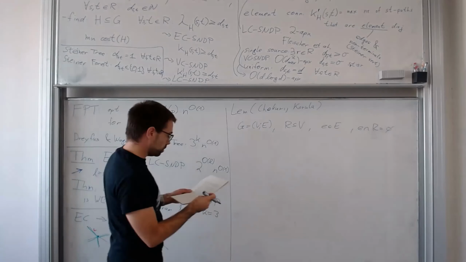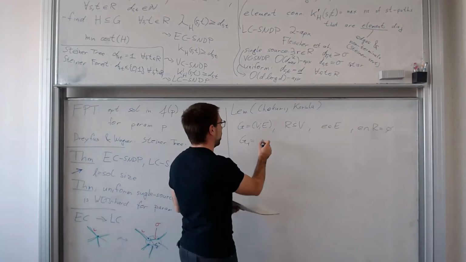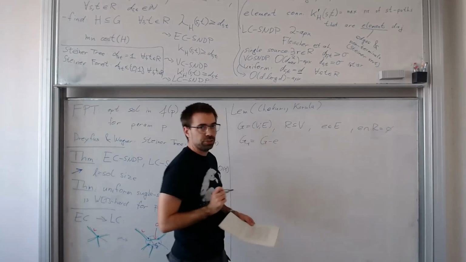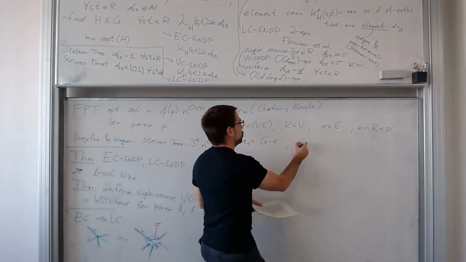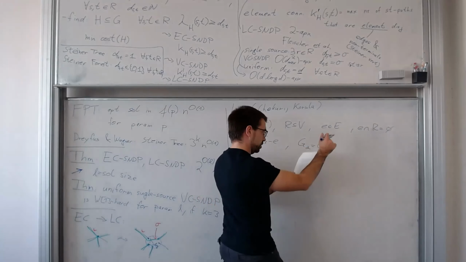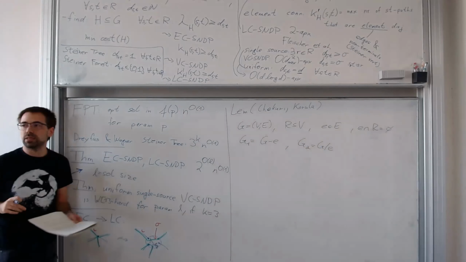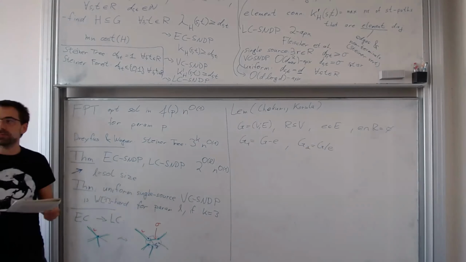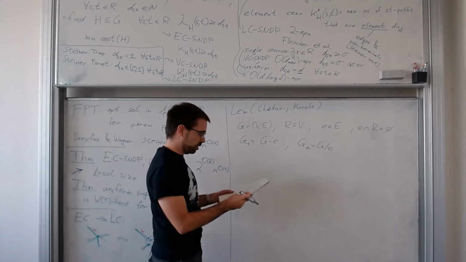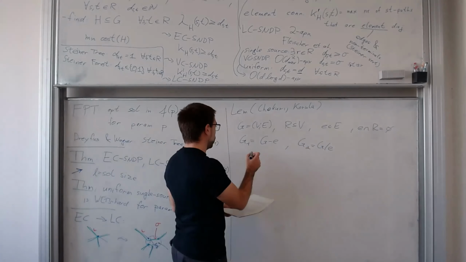Now let's define G1 as the graph that you get by deleting the edge, and G2 as the graph that you get by contracting the edge, removing loops and multiple parallel edges. Then at least one of the following is true.